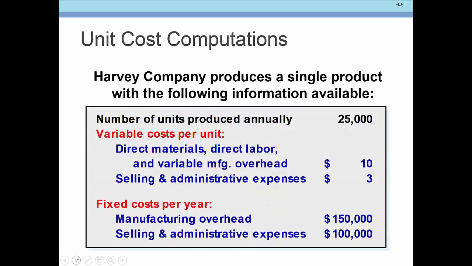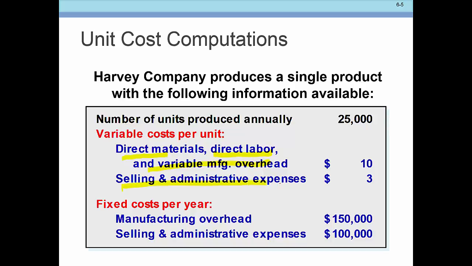And let's take a look at this Harvey Company. Harvey Company produces 25,000 units annually. So each year they produce 25,000. We don't know exactly how many they're going to sell, but we know that they produce what? 25,000 each period. Okay, now they give us our variable cost per unit, which is going to be our obviously direct materials, our direct labor, and our variable manufacturing overhead.